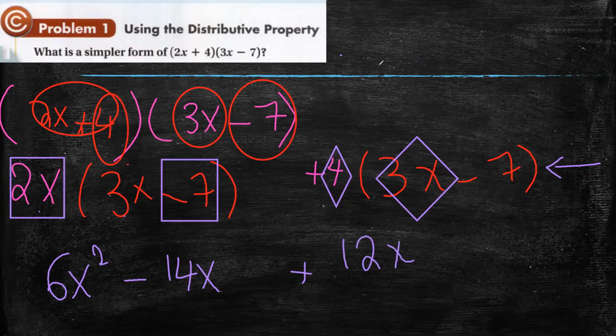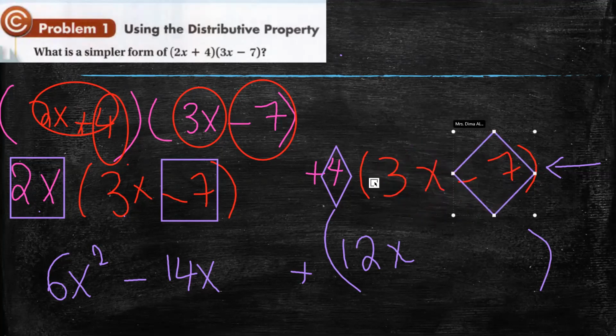And then I multiply 4 with negative 7, which is negative 28. So this is how we multiply 2x plus 4 times 3x minus 7.